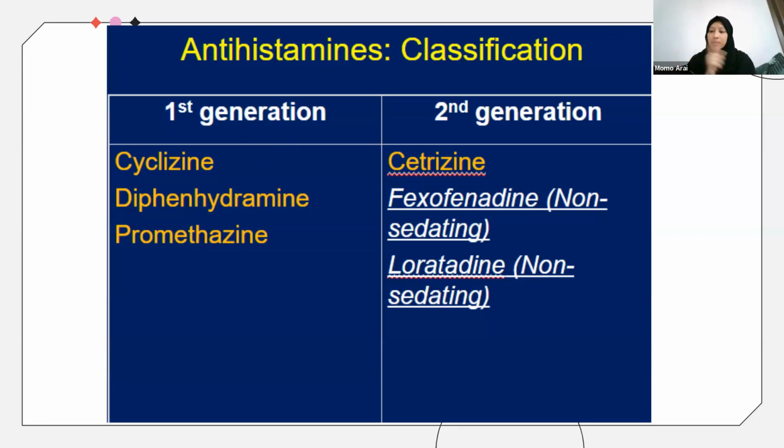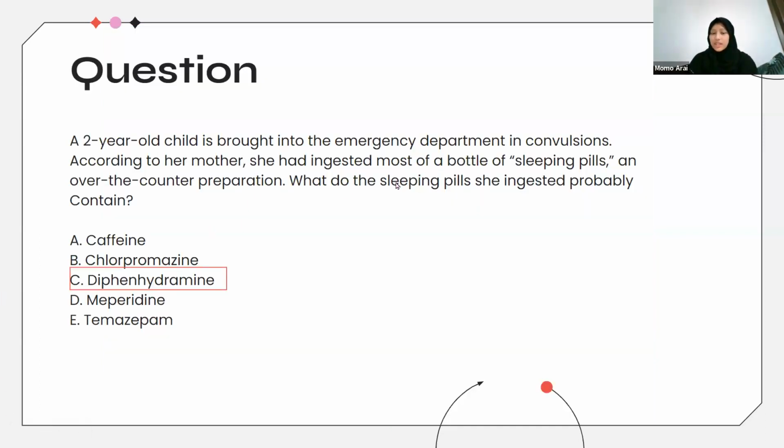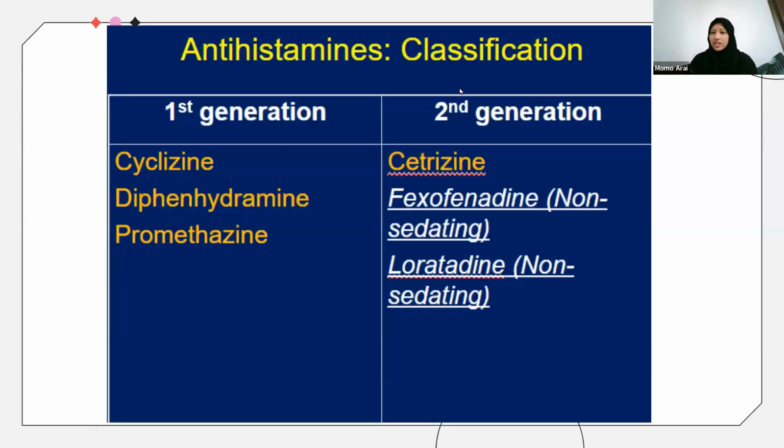So it crosses the blood-brain barrier, which is why it's able to cause sleeping. So they can be used as sleeping pills. This is why it causes sedation and so on. It's one of the side effects actually. So that's why second generation came, like the pharmacists made a second generation of drugs with no side effect of sedation, right? So you can remember it like that.